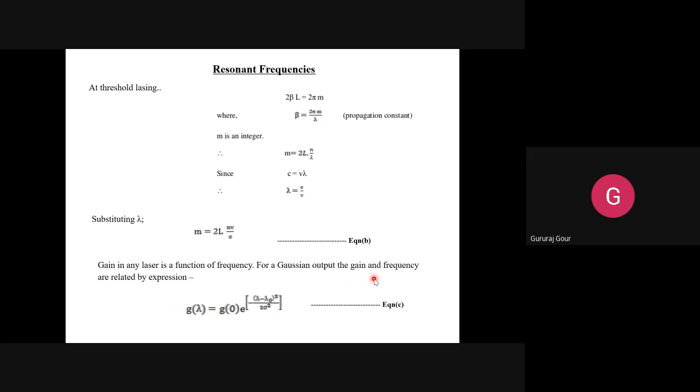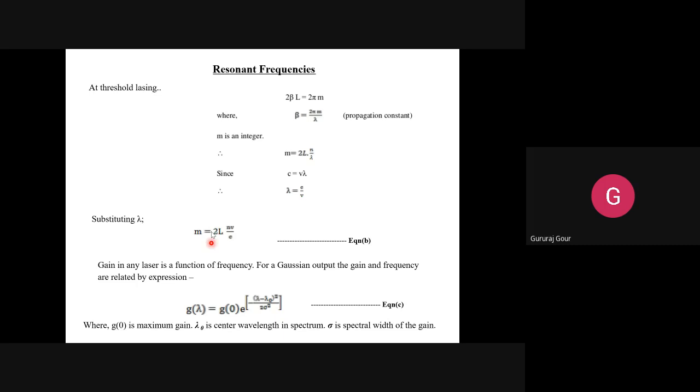For a Gaussian output, the gain and wavelength are related by this equation: g of lambda equals g of 0, the gain when no modes are there, times e to the power of minus delta lambda squared divided by 2 sigma squared, where delta lambda is lambda minus lambda naught. Equations B and C are very relevant in solving the numericals. Sigma is the spectral width of the gain.